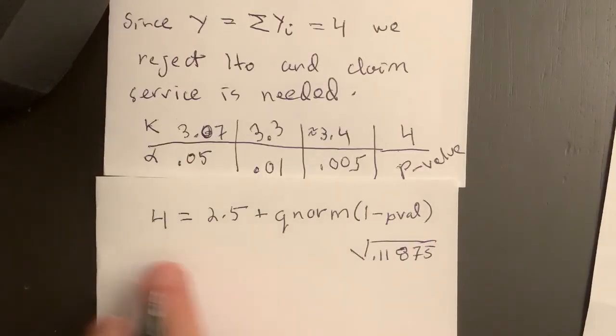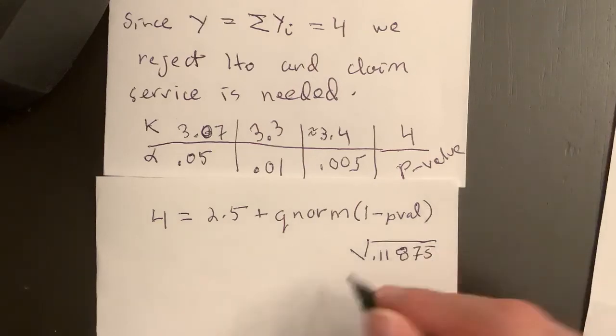Okay, so if I now subtract 2.5, this should be times this, right?